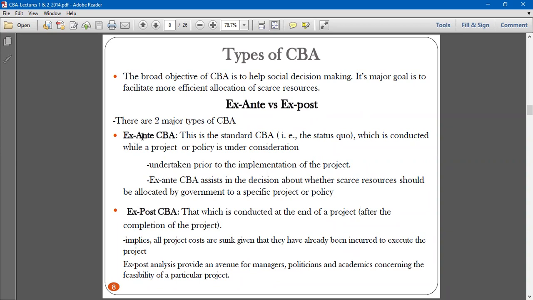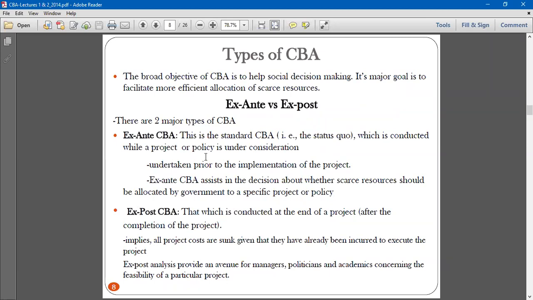Okay, so these are the types of CBA that we have. The first one is called ex-ante. Okay, ex-ante CBA. This is the standard one, the most widely used one. This one is done before the project starts. So when they propose the project, then we have to do an ex-ante CBA. The main objective of the ex-ante is to decide whether we have to start the project or not.